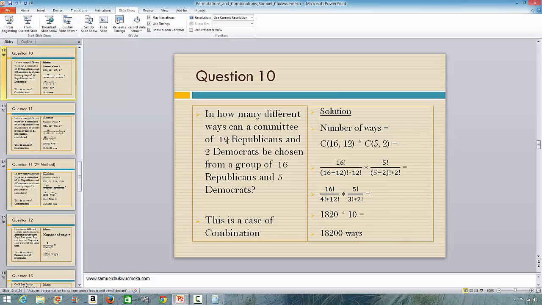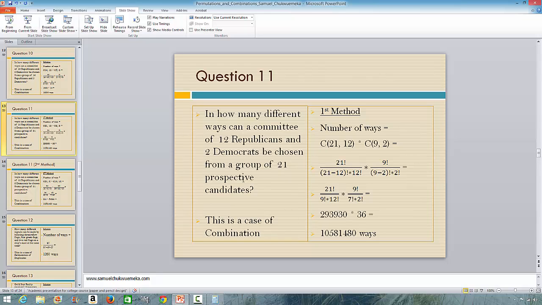Previously it was 12 Republicans and 2 Democrats chosen from 16 Republicans and 5 Democrats, which looked straightforward. But what if they now said 12 Republicans and 2 Democrats be chosen from a group of 21 prospective candidates? That means we have 2 methods here. I would like to show you the methods.